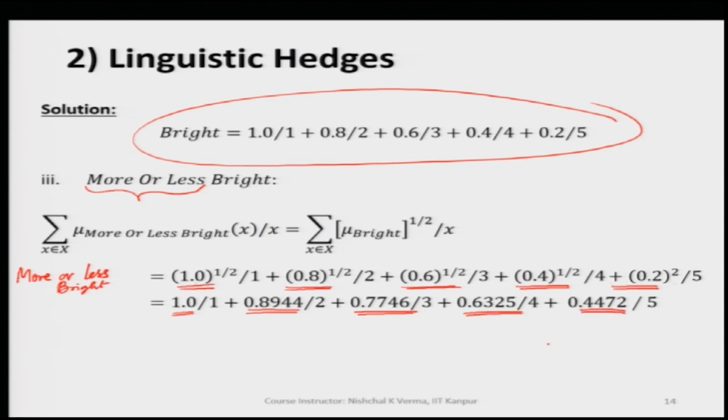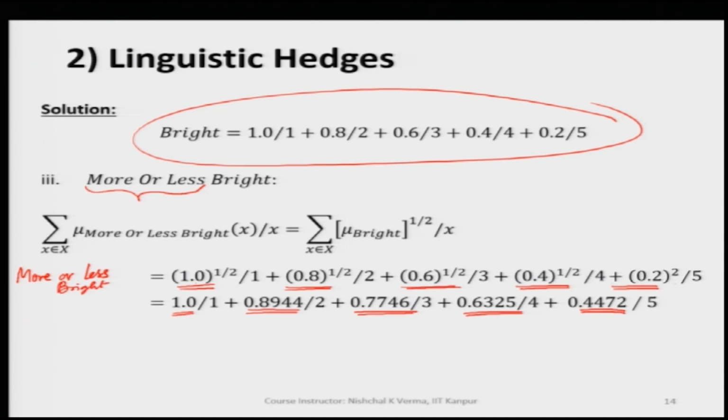and this way we are forming a new set, and here we have formed a linguistic hedge. So, hedges are coming out of the modifications of the original or the primary fuzzy sets by adding adjectives or adverbs. So, this way the bright fuzzy set is converted into the more or less bright.